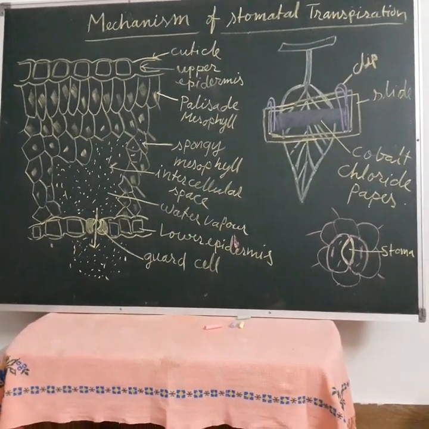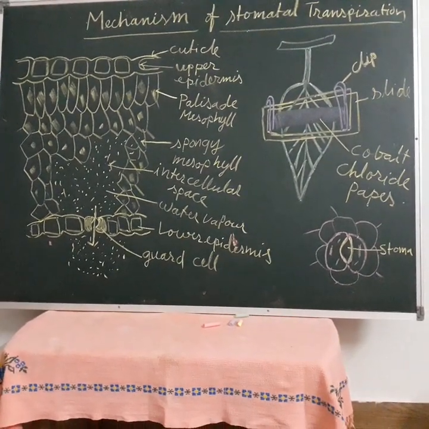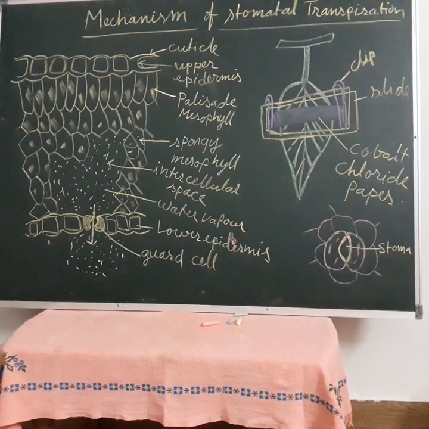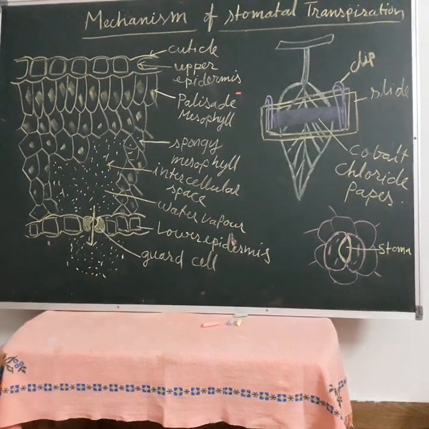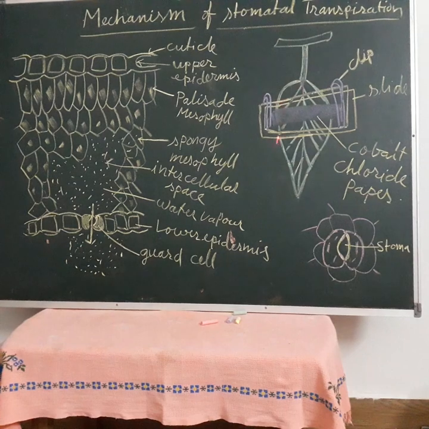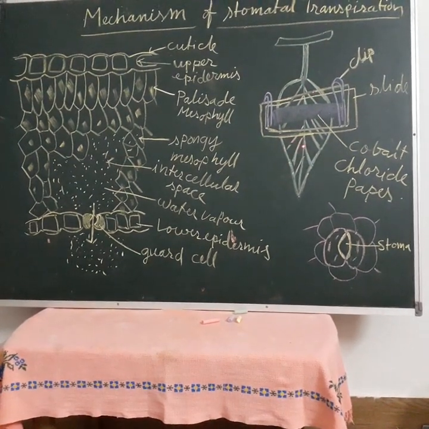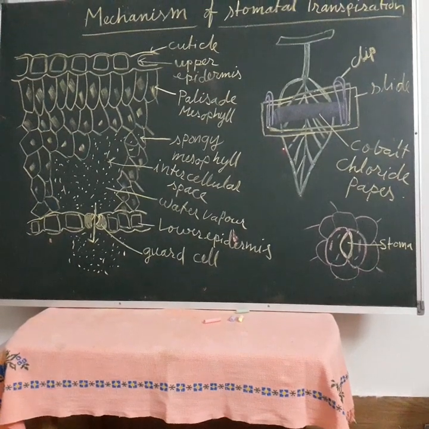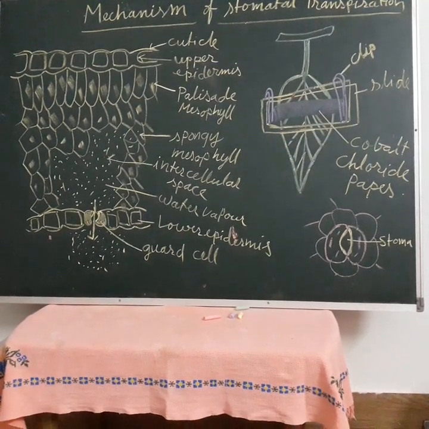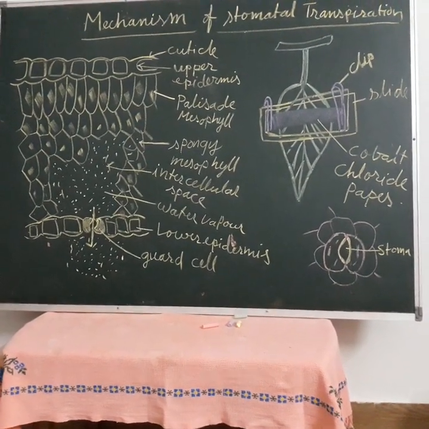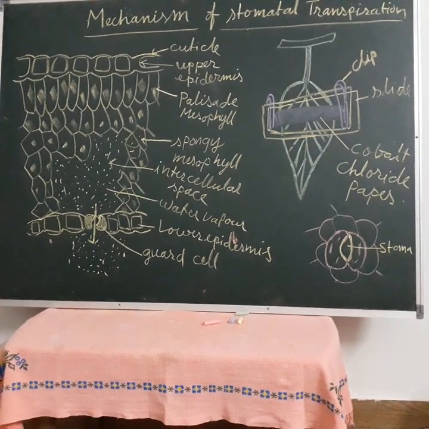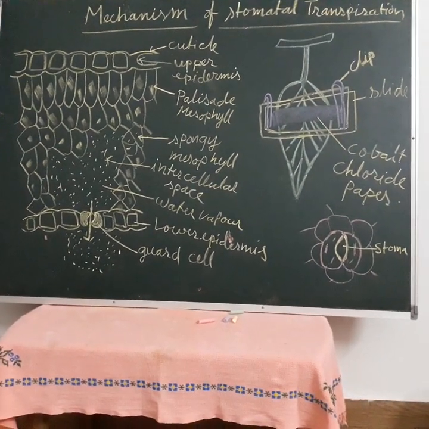More transpiration occurs from the under surface of a dicot leaf.